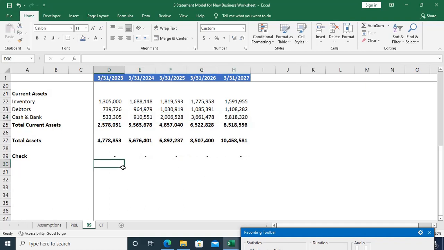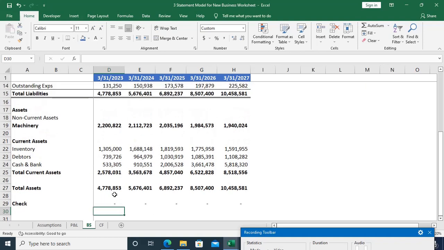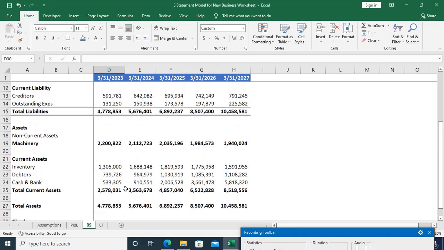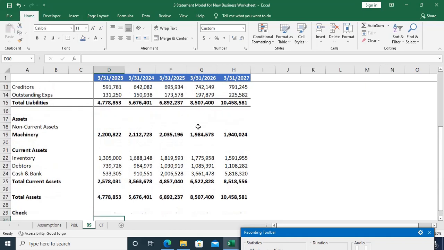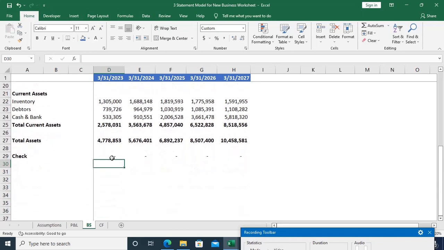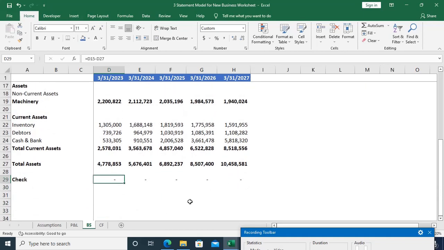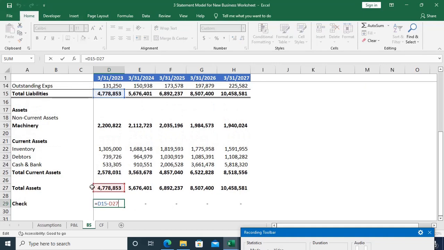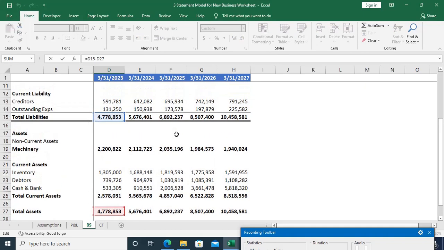So it is fortunately correct. So all the things that we have done, all the formulas that we have put, were 100% correct. This is why total assets has become equal to total liabilities, and this check was total assets minus total liabilities.